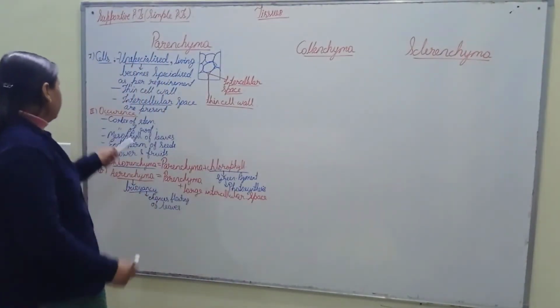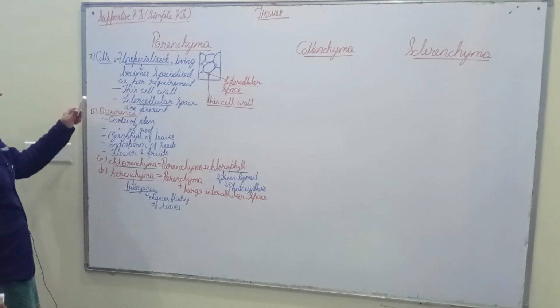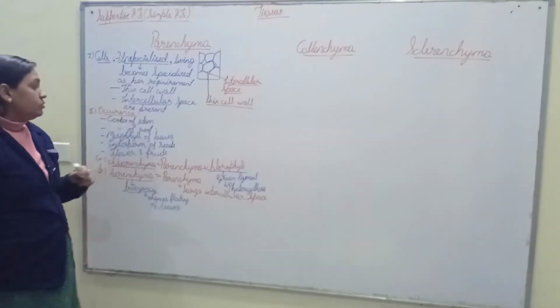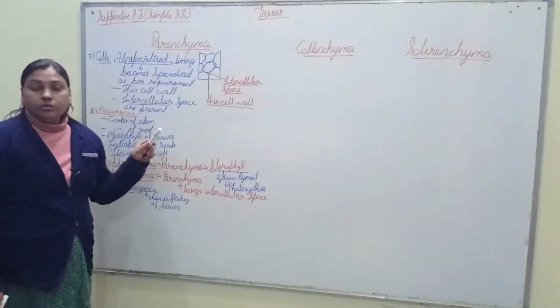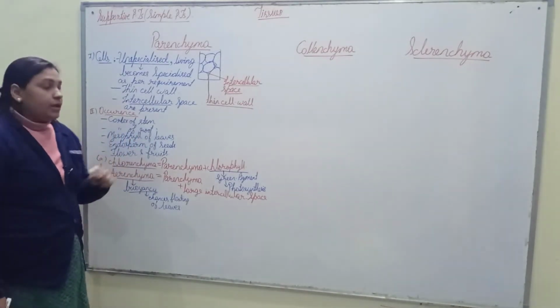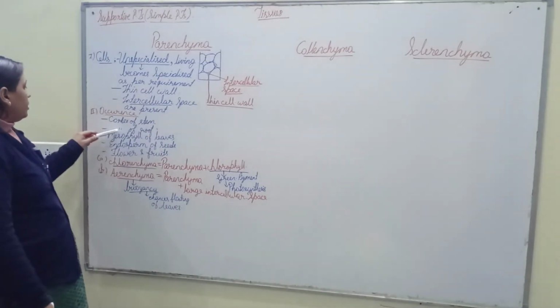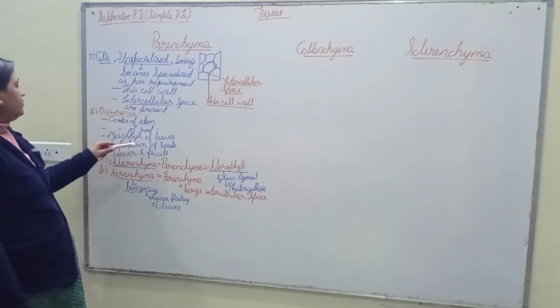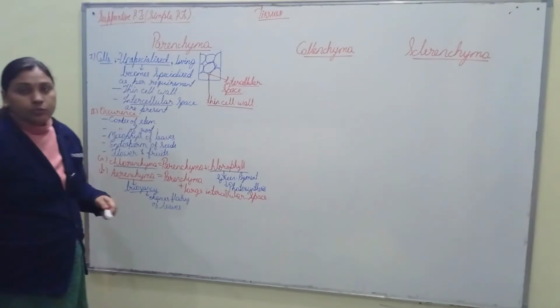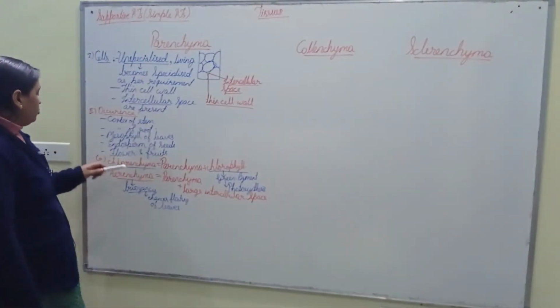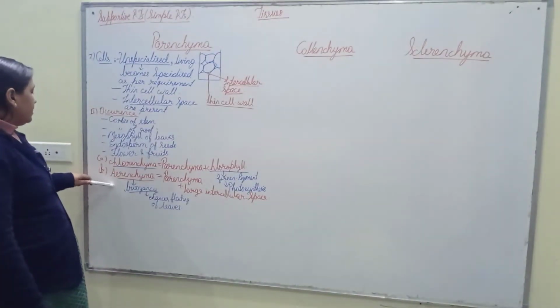So this is the occurrence of parenchymatous cells. They are found in almost all parts of the plants: cortex of stem, cortex of root, mesophyll of leaves, endosperm of seeds, flower and fruits. And these parenchymatous cells also exist in two forms, chlorenchyma and aerenchyma.